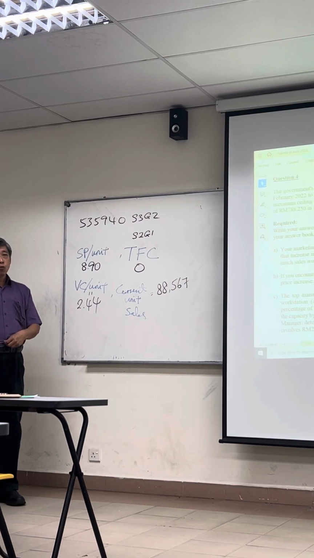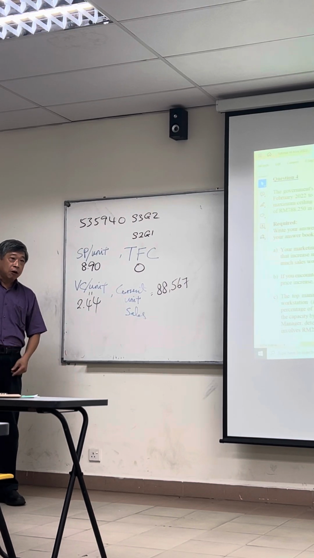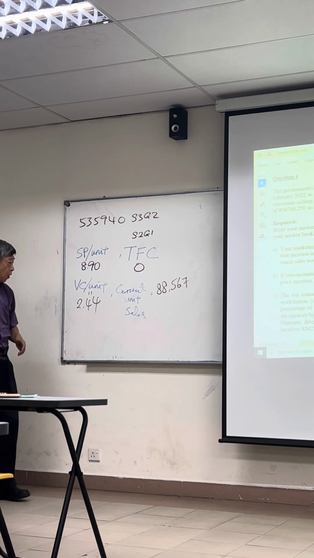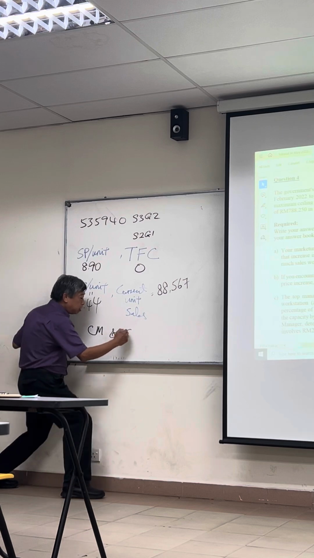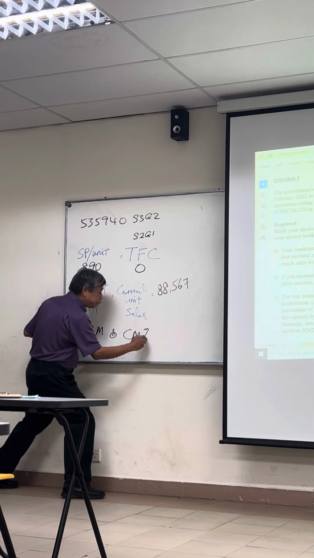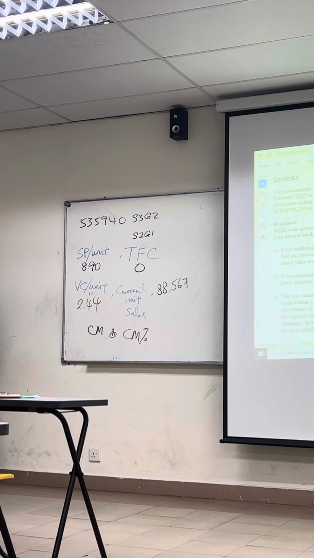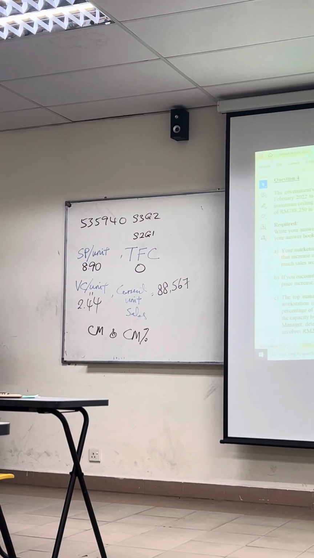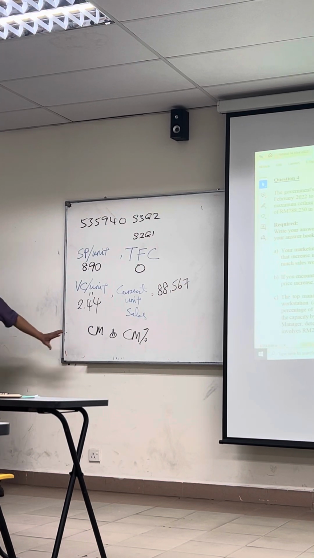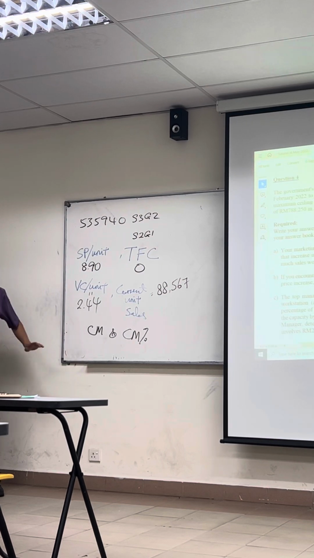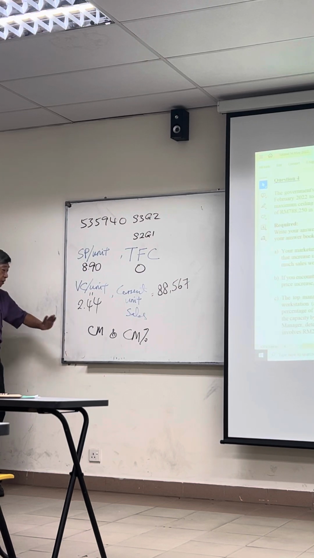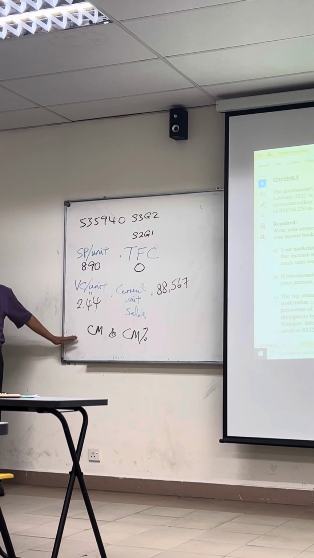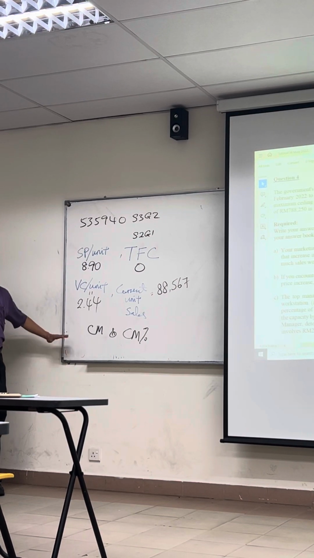But now we have to add in one more step because whether you like it or not, every time they ask for contribution margin and contribution margin ratio in percentage, or every time in the marking scheme, they give marks for this. So you need to come out with this, whether you like it or not. Although you are not going to use the information, you still need to come out with it.